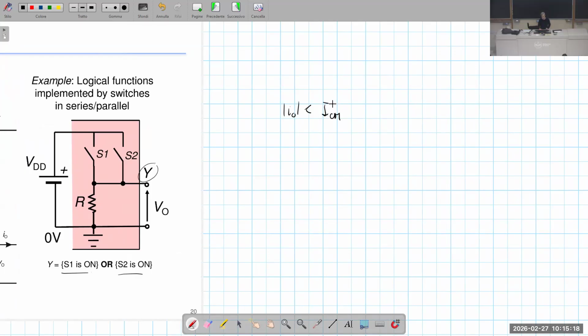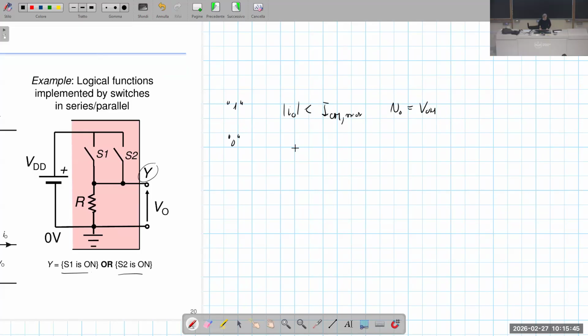This is called IOH maximum. So in order to properly deliver an output voltage which is equal to VOH, the current delivered by the gate should be less than IOH maximum at the high output state.